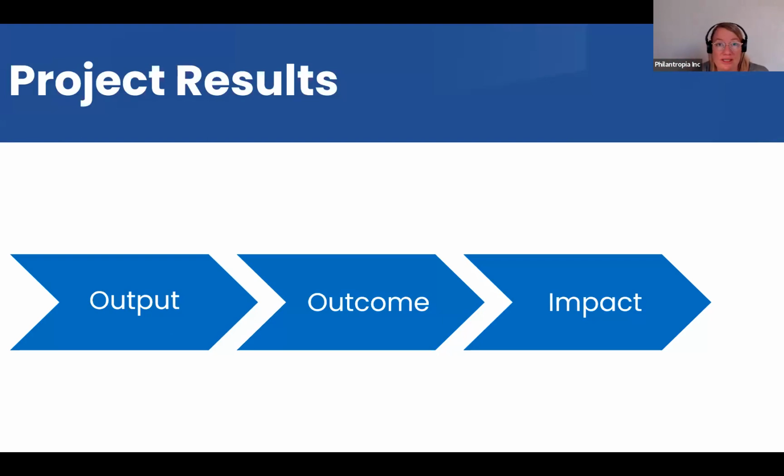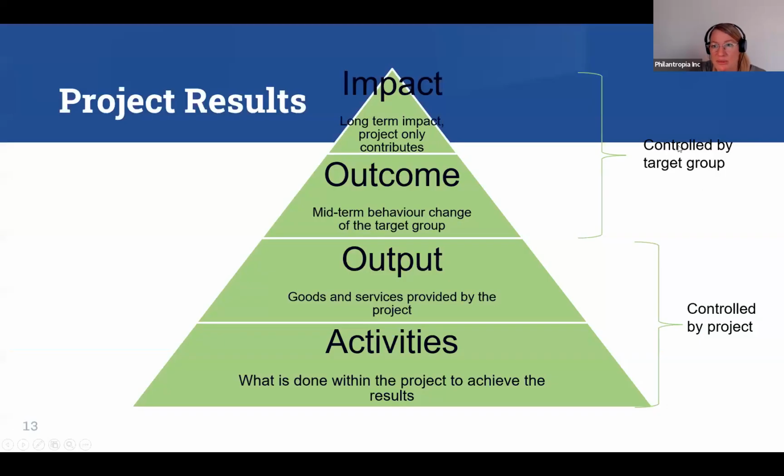But the wording is important here. So if you want to talk about impact, you should always use words like we contribute to, we did our part, to show that you know that your work is important, but it can just do its small part to actually achieving that impact. And on the next slide, we will see a bit how this all comes together.